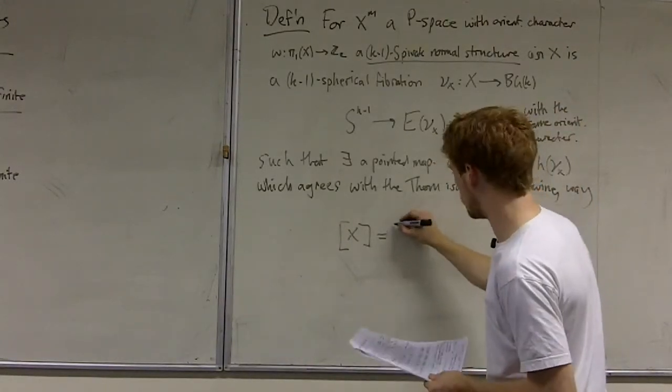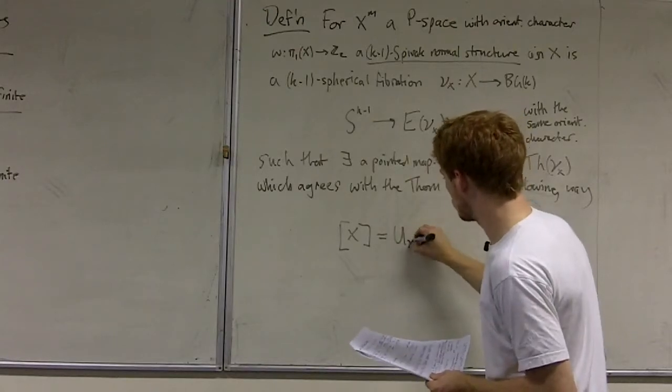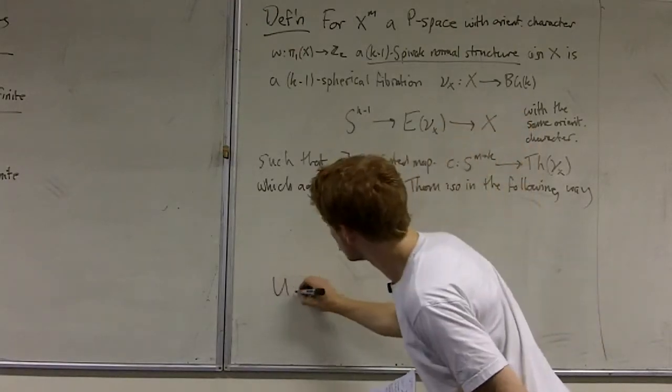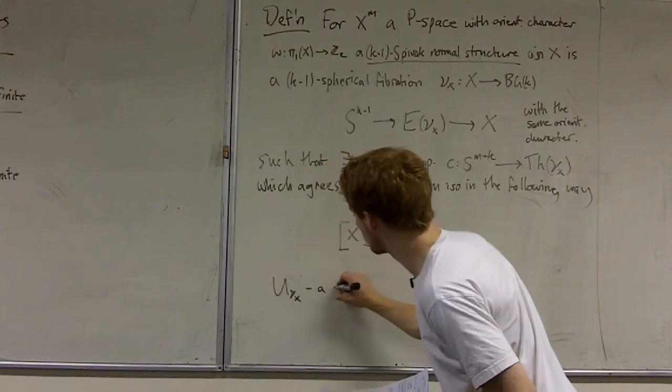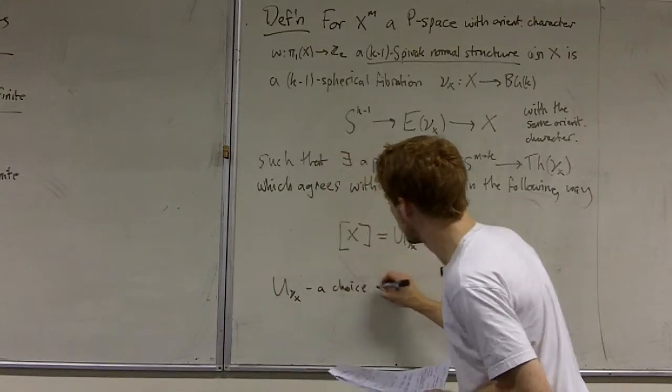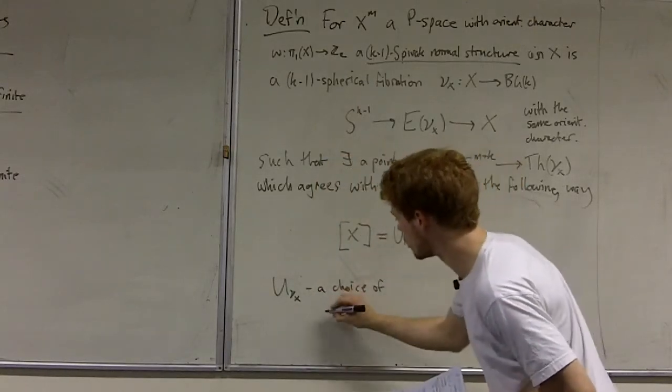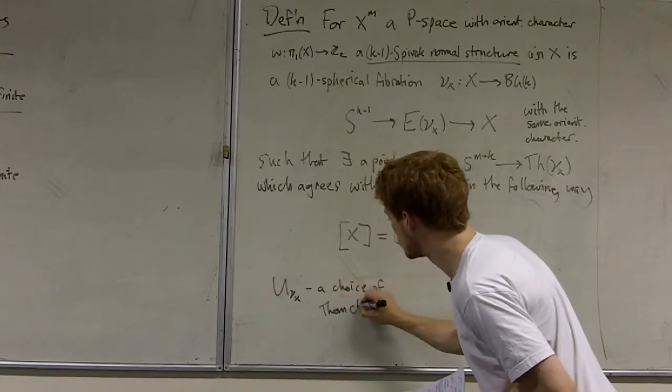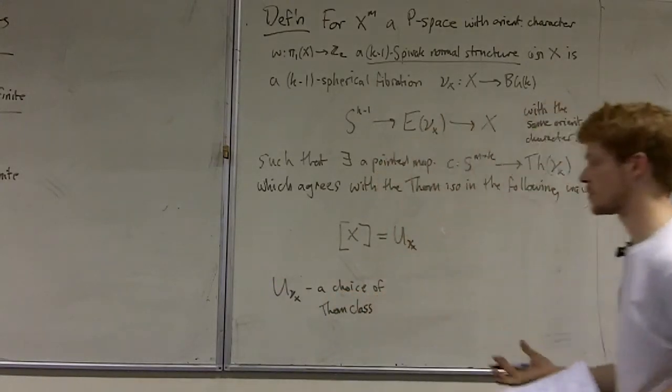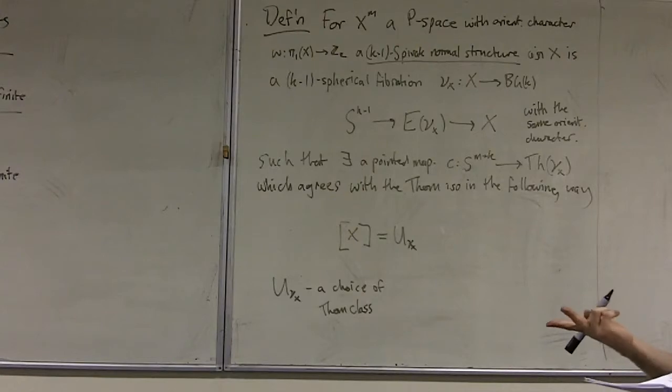So this is going to be U, where U is going to be a choice of Thom class. If you look into the proofs of the Thom isomorphism theorem, there are two choices of Thom class, plus and minus.